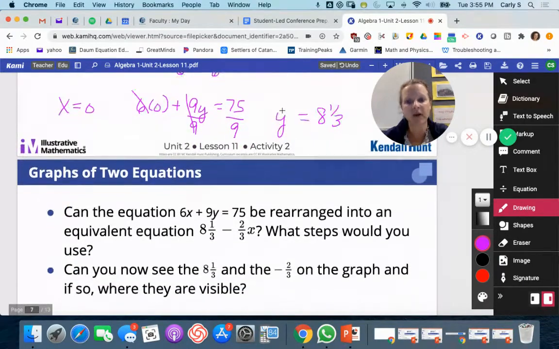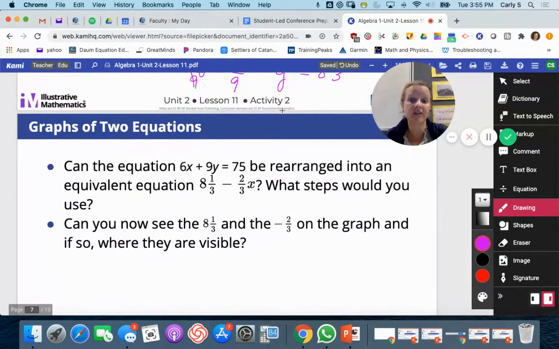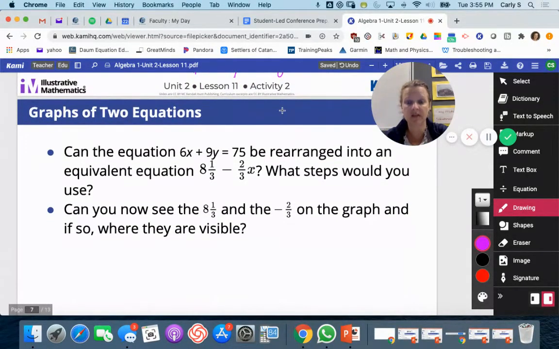So can the equation be rearranged into an equivalent equation, 8 1/3 minus 2/3 x? What steps would you use? I think we're missing some things here because that's not enough. I don't have an equal sign. Let me see if there's a typo.